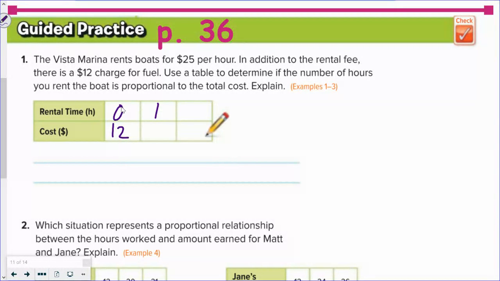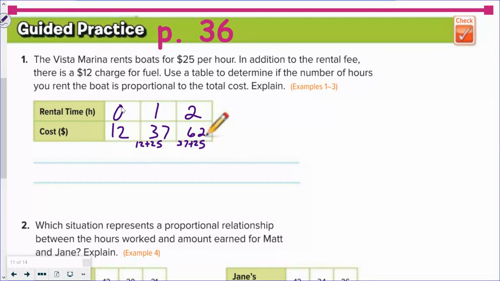Then for 1 hour, you are also going to be charged $25. So you take your 12 plus 25, and that is $37. Then for 2 hours, you're going to be charged another $25. So 37 plus 25 makes $62.